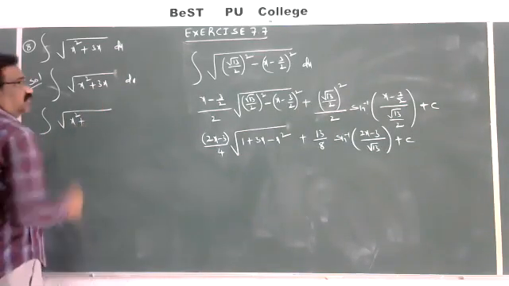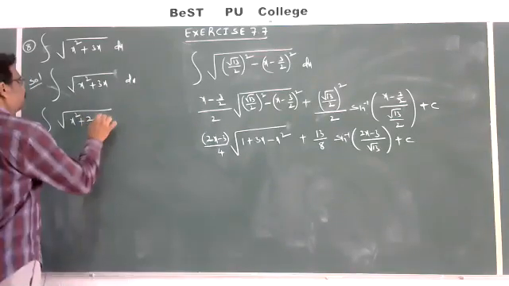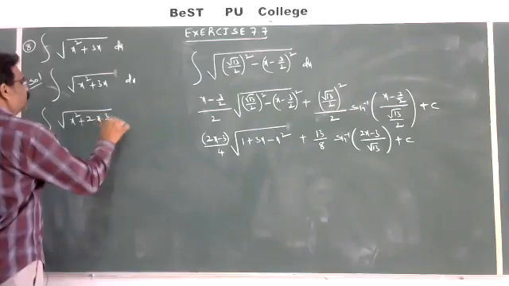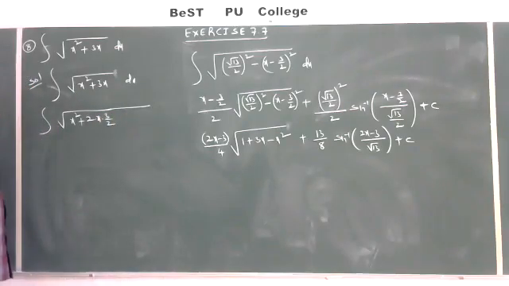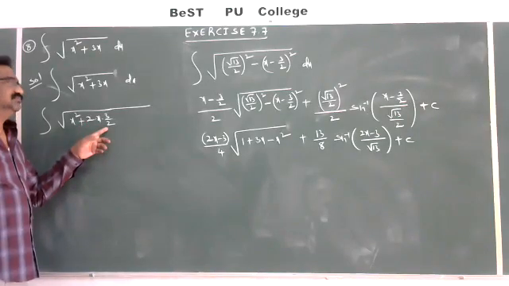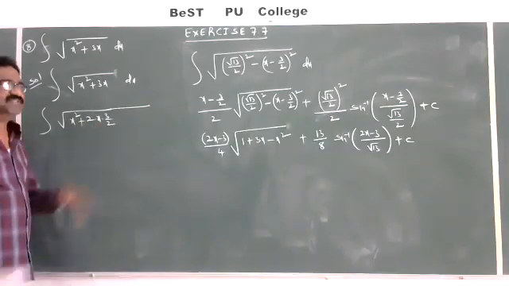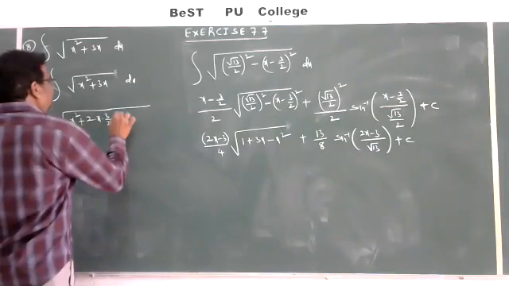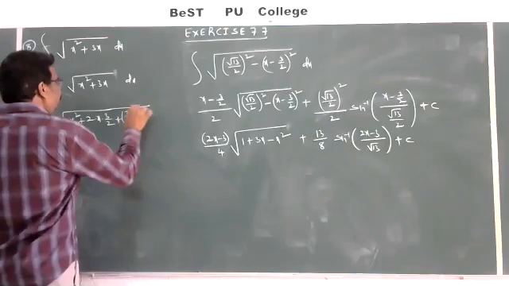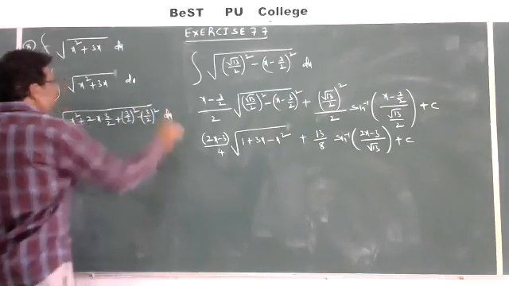Here there is no 2, that's why I'm multiplying 2. 2 into a is x, b is 3 by 2. So multiplying 2 and dividing 2. So what is b here? 3 by 2. That's why adding b square, subtracting b square. That is plus 3 by 2 whole square minus 3 by 2 whole square into dx.